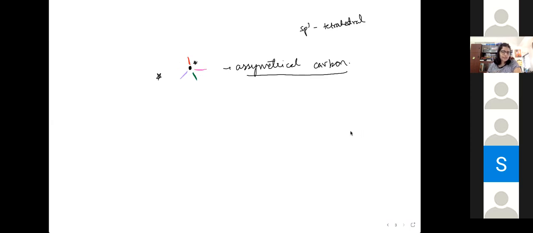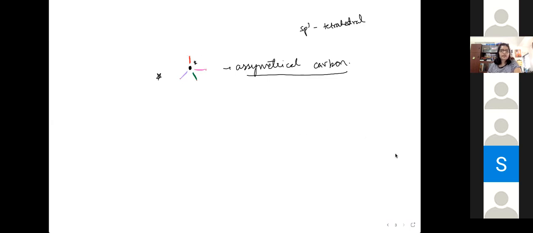If by chance the same group is attached on 2 of the sides, then it's not going to be asymmetrical anymore, because there is symmetry created here. Asymmetry happens only if all 4 things connected to this carbon atom are different.